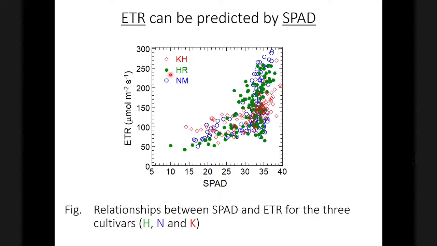Before using this relationship, we need to do an experiment to get such a relationship for each culture. But if we can get a relationship in some culture, we can predict ETR by starting from NDVI taken by camera.